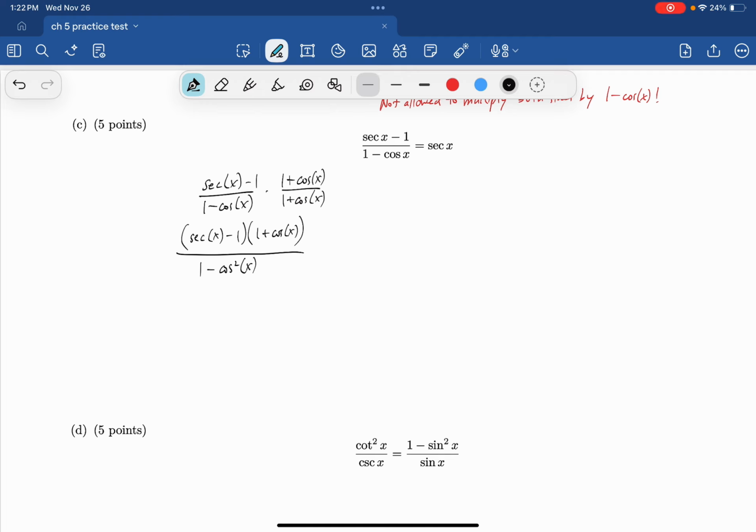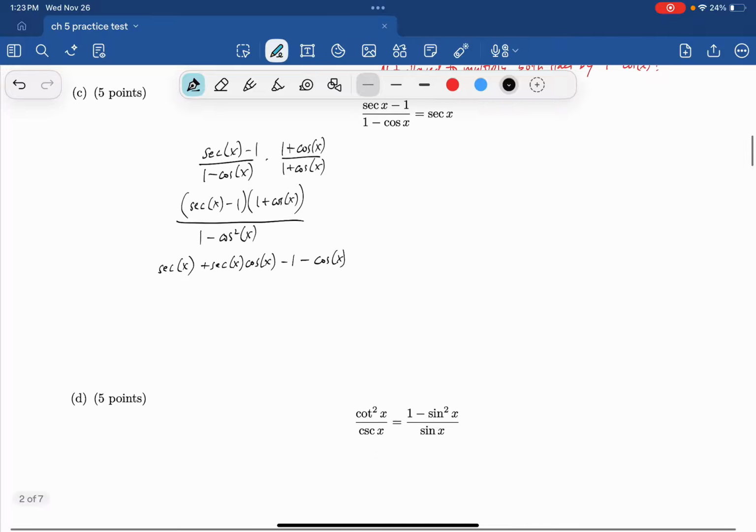The top becomes secant x plus secant x cosine x minus 1 minus cosine x. And then the bottom becomes sine squared. That's using the Pythagorean identity.